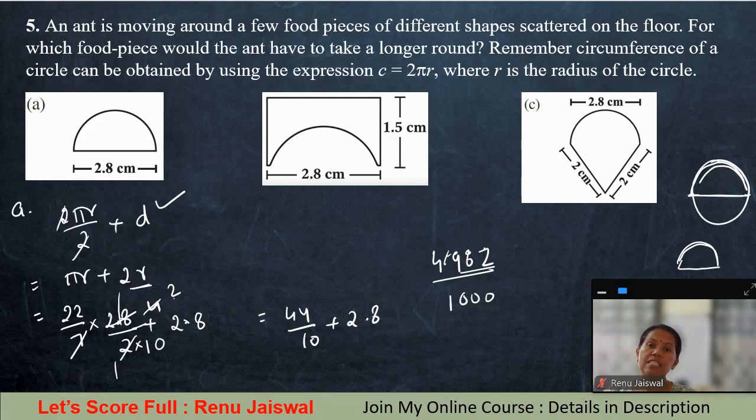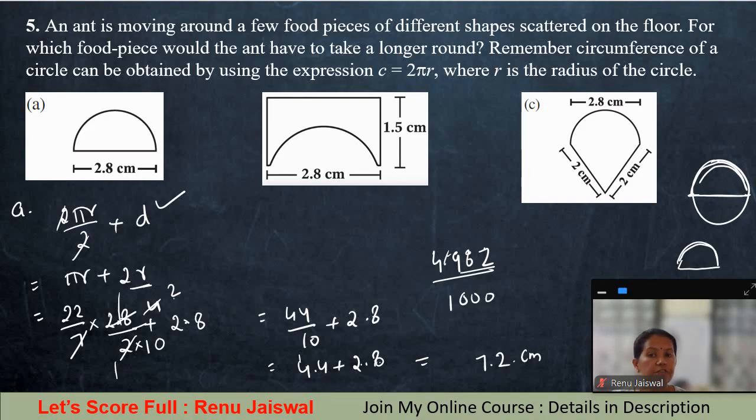Dividing by 10 means simply shifting the decimal. So I can directly write 4.4 plus 2.8 and add that. 4 plus 8, 12, carry 1, 4 plus 2, 6 and 1, 7. 7.2 centimeter is the perimeter.